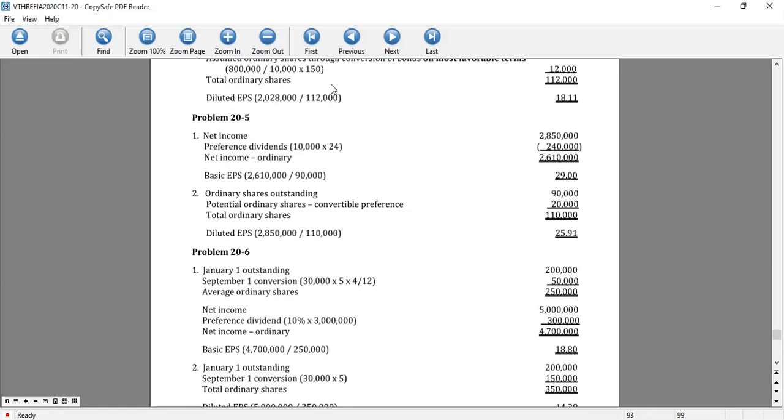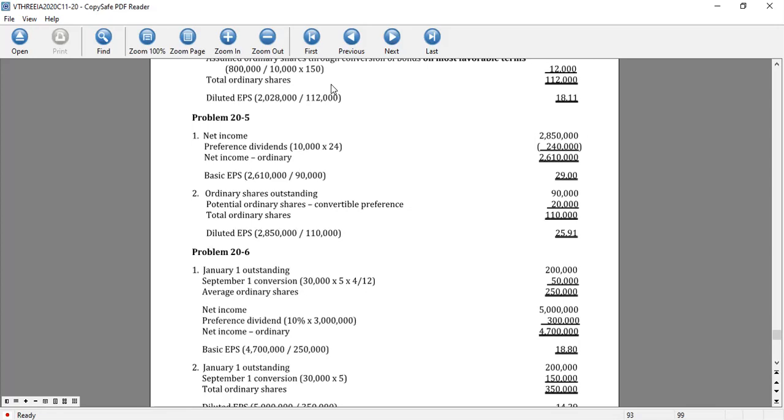So, going back now to the January 1 outstanding shares of 200,000. Then on September 1, we have the conversion of the 30,000 shares. These preference shares were converted September 1. Each preference share was converted into 5 ordinary shares.